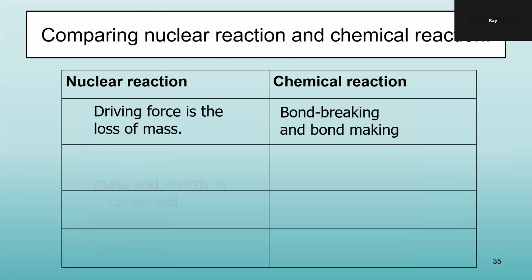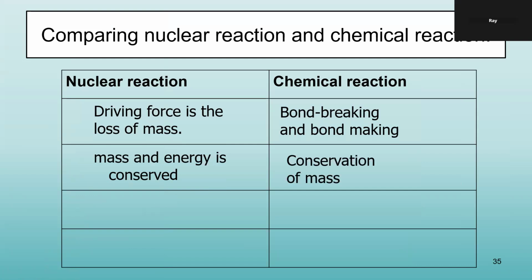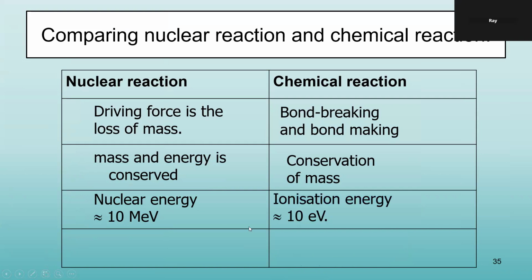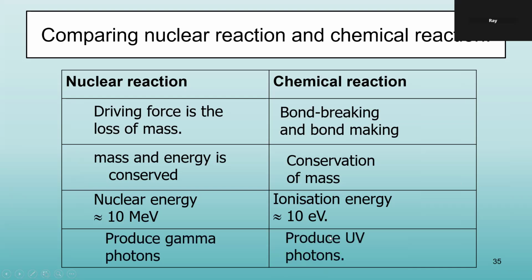In a nuclear reaction, mass and energy are conserved; in a chemical reaction, there is conservation of mass. The energy released here is about 10 mega electron volts, while this one is about 10 electron volts. The photon produced is a gamma ray, while for a chemical reaction it is an ultraviolet photon.